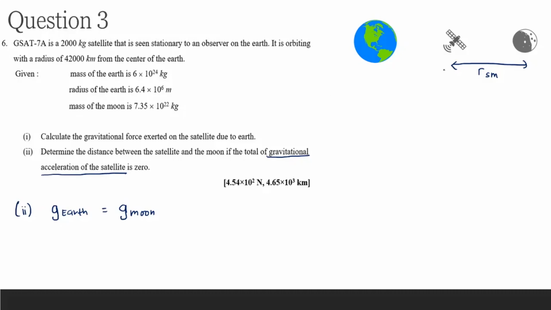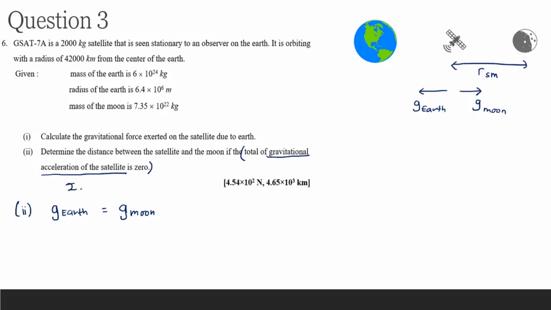Okay, the satellite, siapa yang tarik dia? Earth akan tarik dia, Moon akan tarik dia. Okay, so satellite dia akan ditarik oleh Moon, dia akan ditarik oleh Earth.